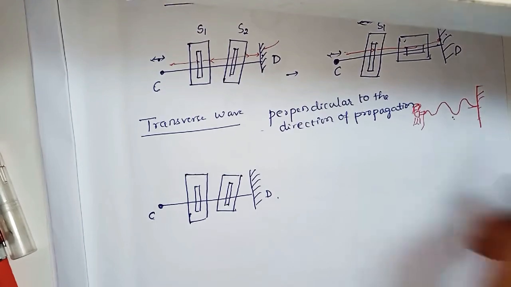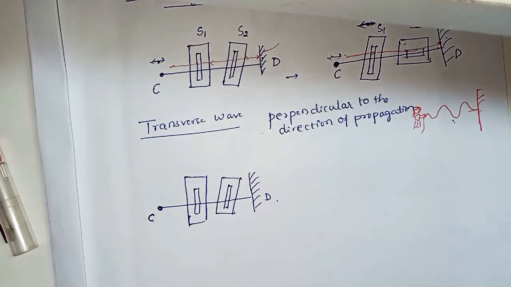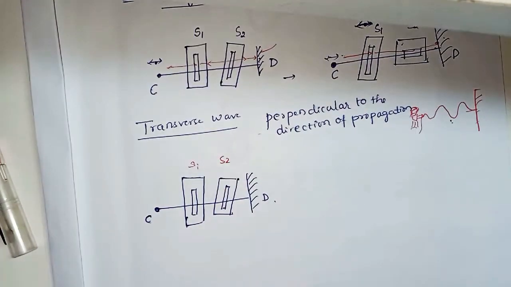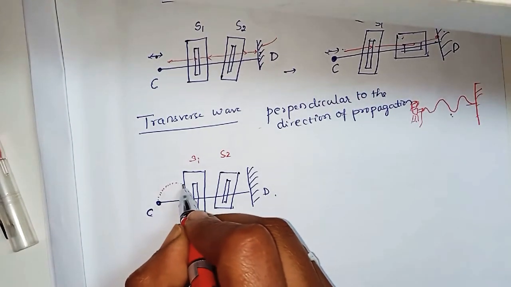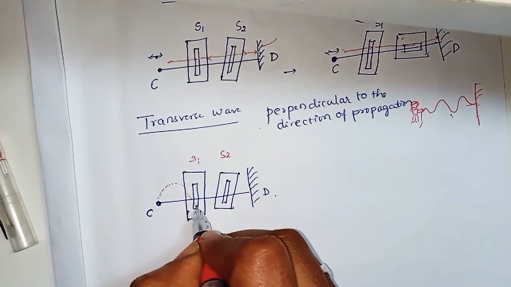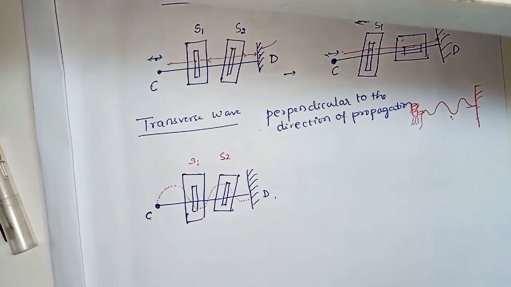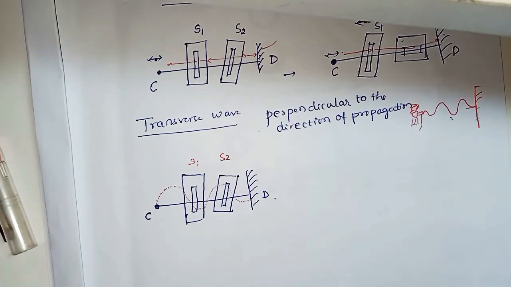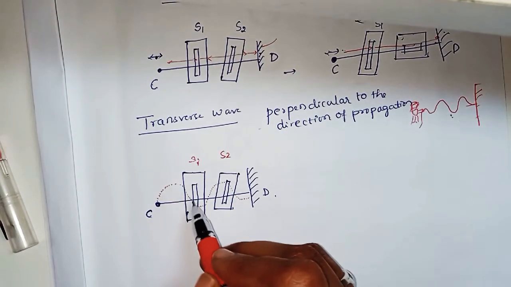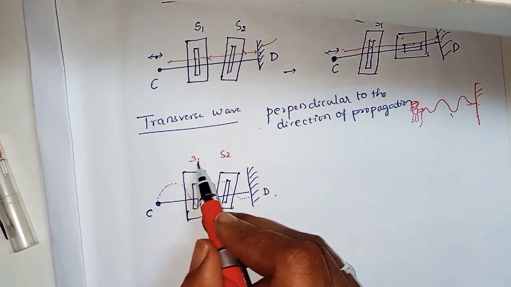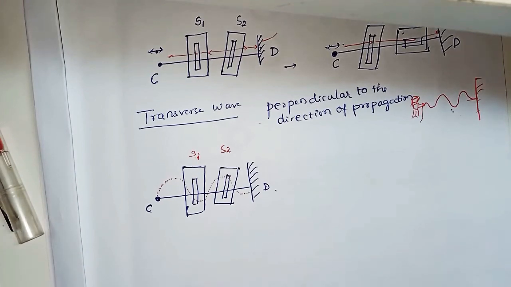If I produce transverse waves at the point C, and the slits S1 and S2 are parallel to each other, the waves pass through S1 and S2 and reach the fixed end.